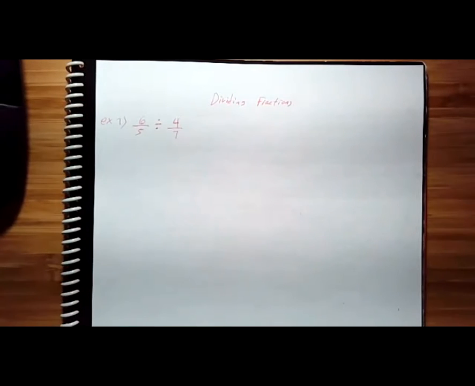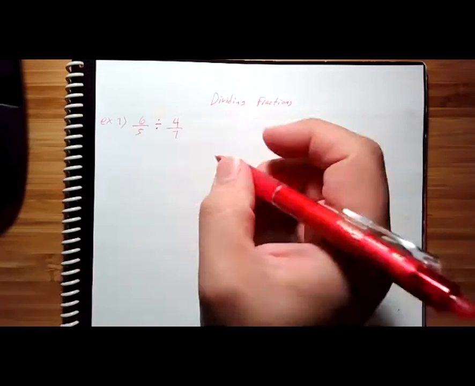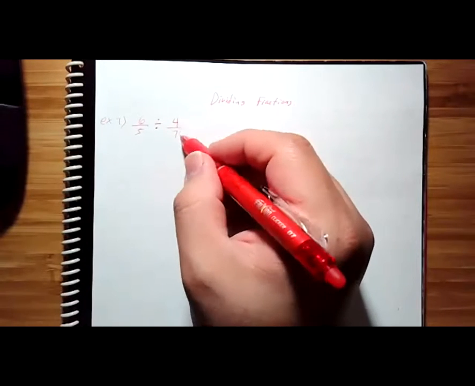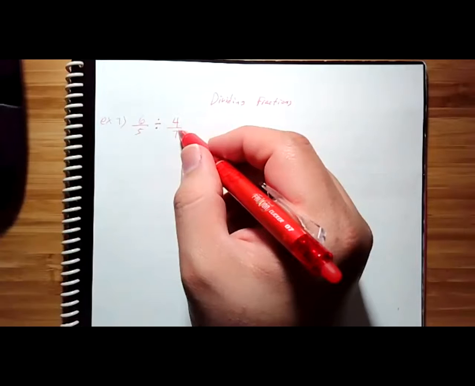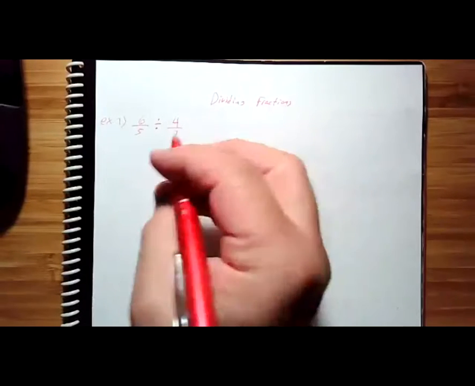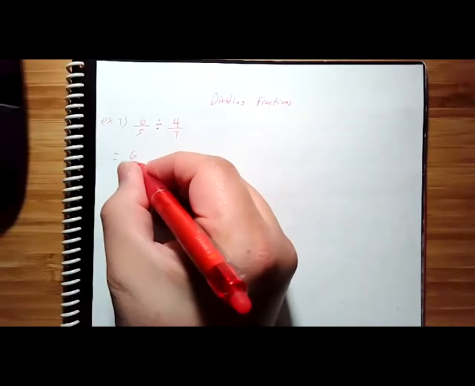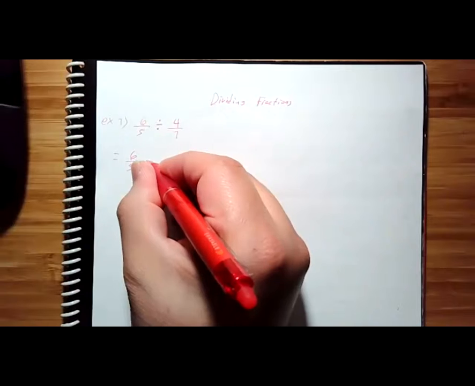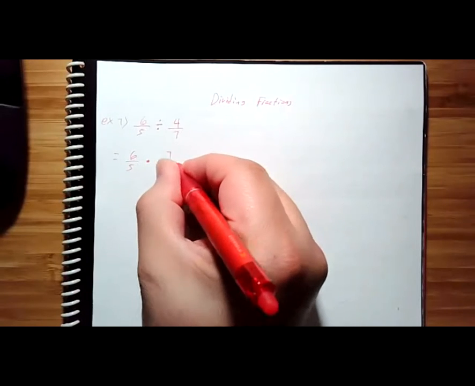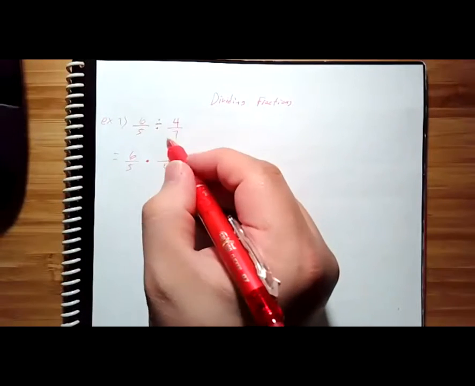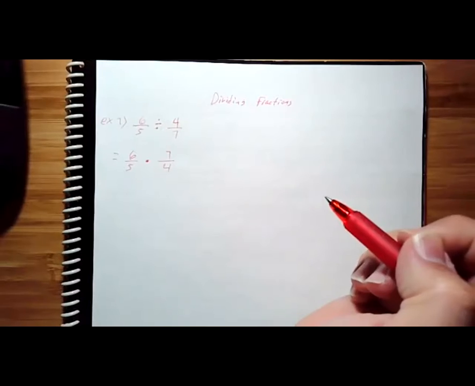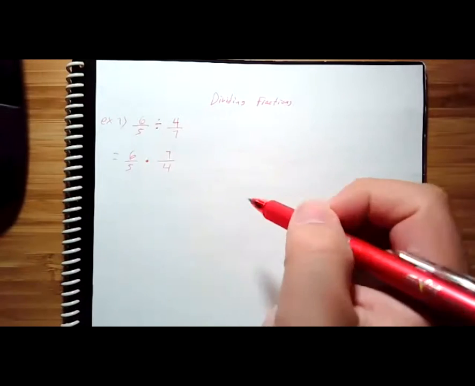So you have a fraction divided by a fraction. All you have to do is flip the one you're dividing by and then multiply. So you actually change it into a multiplication problem. You keep the first one the same and take the reciprocal of the one you're dividing by. And then you just follow the multiplication rules.